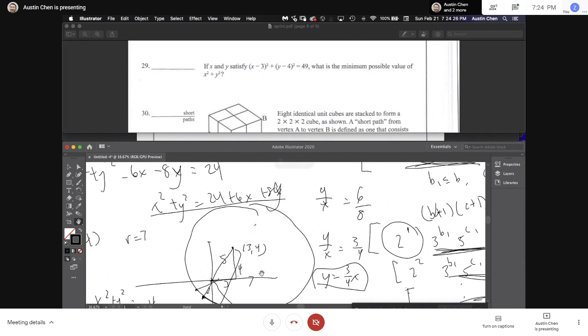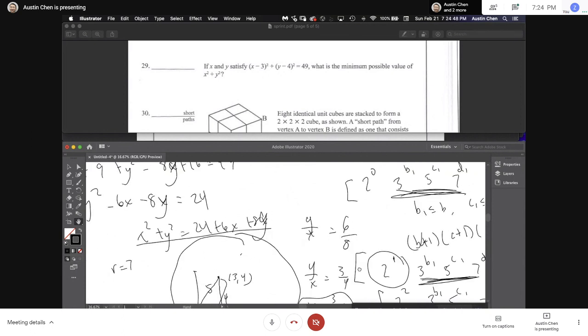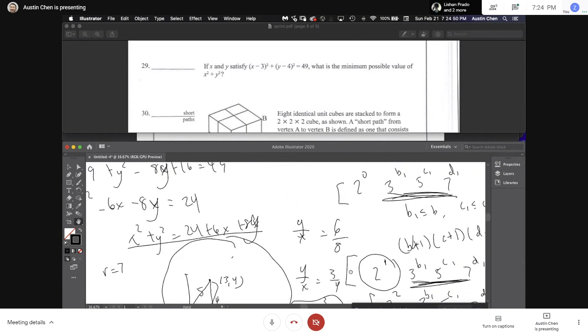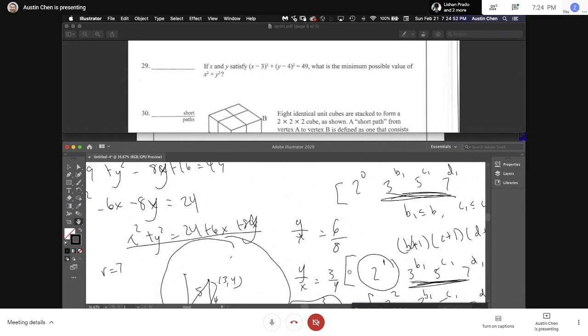Because you end up trying to just minimize 6x plus 8y, right? If you're trying to minimize 6x plus 8y, I feel like y over x would be 6/8, right? 6, 8.